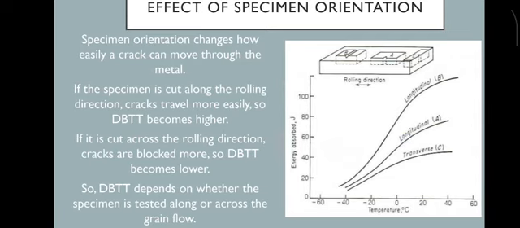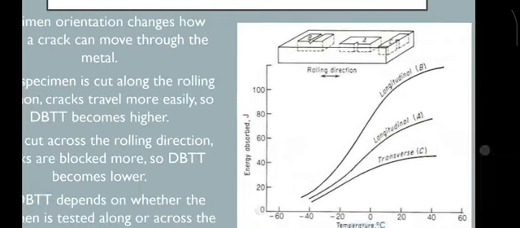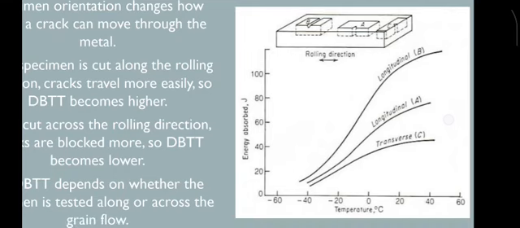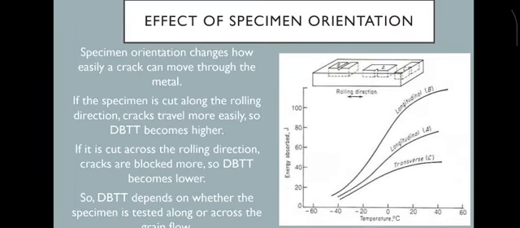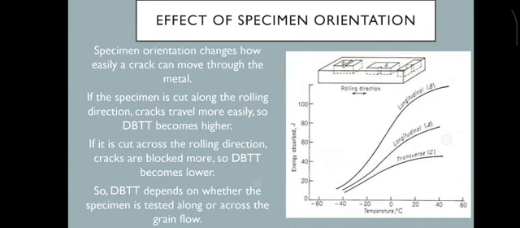So DBTT depends on whether the specimen is tested along or across the grain flow. We can see in the graph that the longitudinal orientation shows a steep rise, whereas the transverse shows lower DBTT values. So orientation influences the DBTT values strongly.